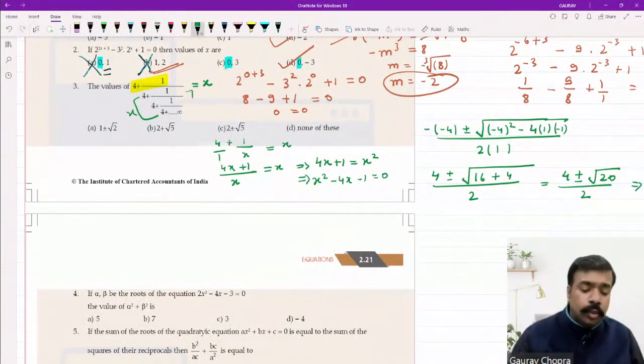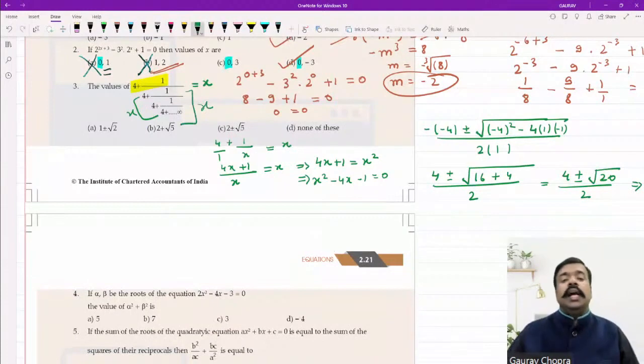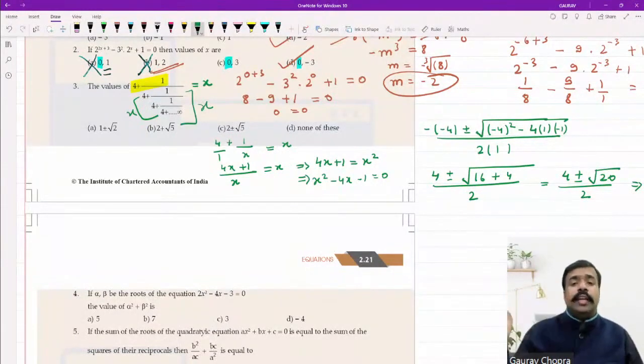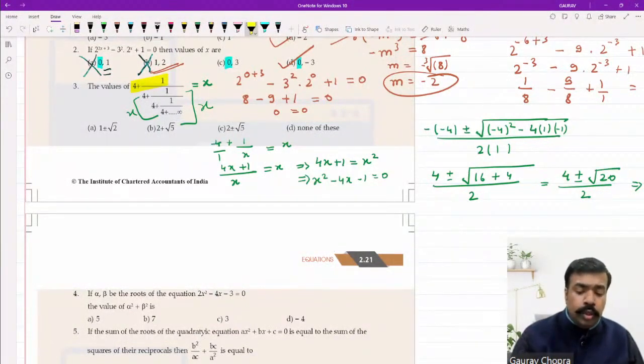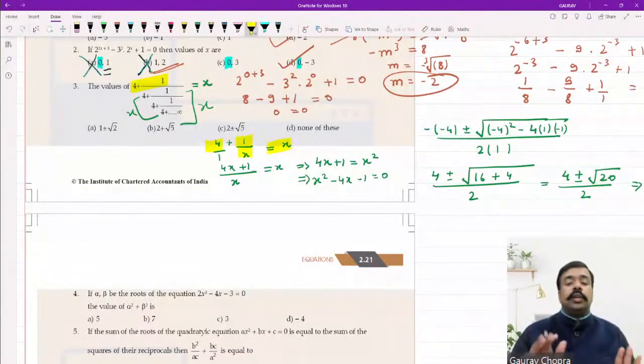So we can take the whole part as equal to x because it is repeating up to infinity. So it becomes 4 plus 1 by x equal to x. This is the main thing which we have to do here.